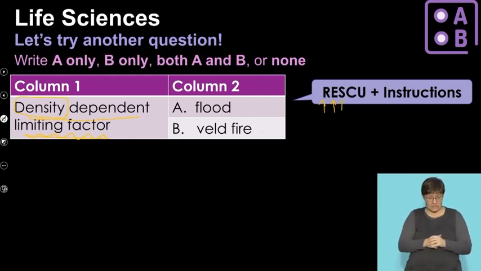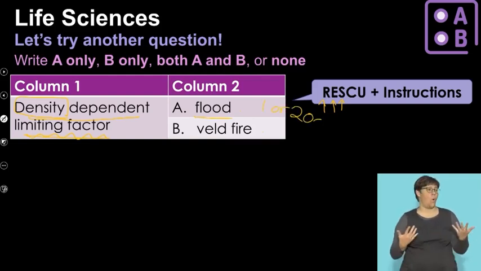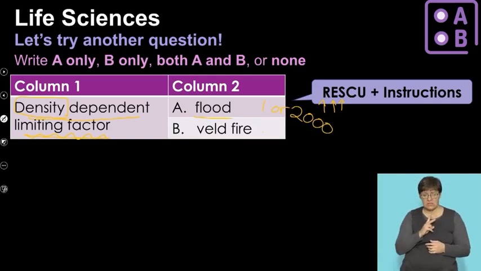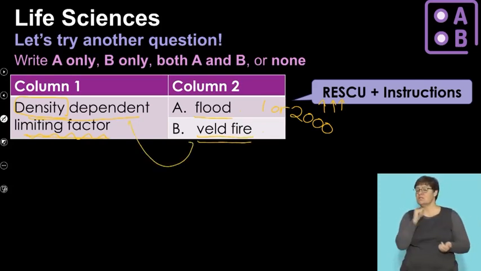So now I'm going to select. If there is a flood, does it matter if there are 1 or 2 or 2,000 members of the population? No, they'll all be killed. In the same way, with a veld fire it doesn't matter what the density of the population is, it's going to affect the population.